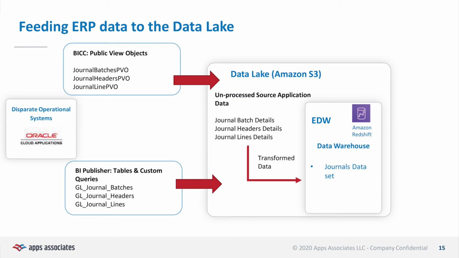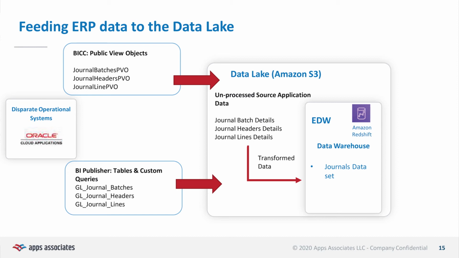So our extraction routine is a combination of BICC and BI Publisher. But whether we go with BICC or BI Publisher, we always recommend that customers create a data lake layer, which holds raw data as is from source applications, then create a curated data set for end user consumption on top of the raw data.